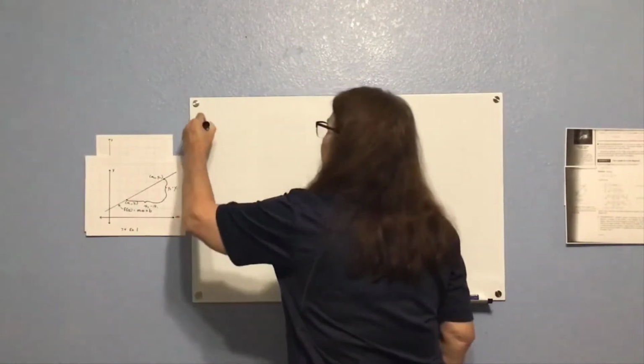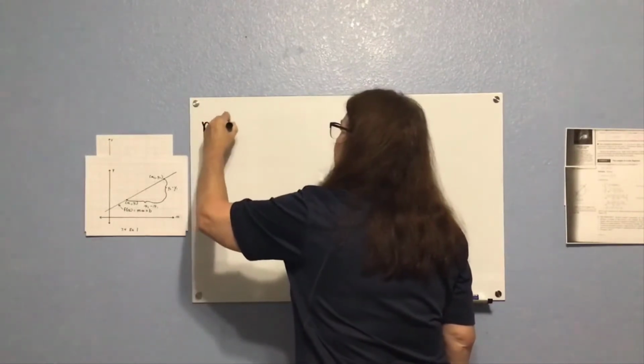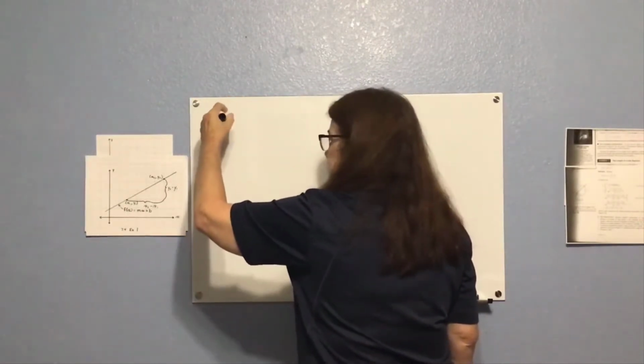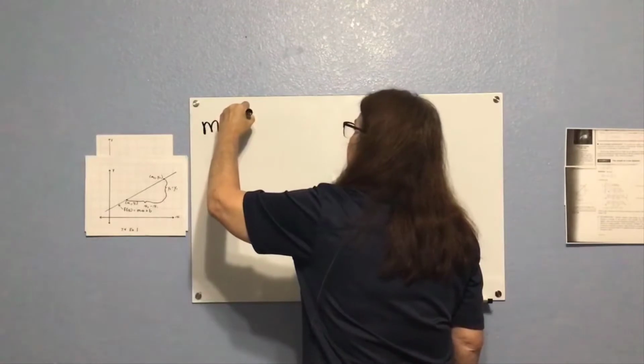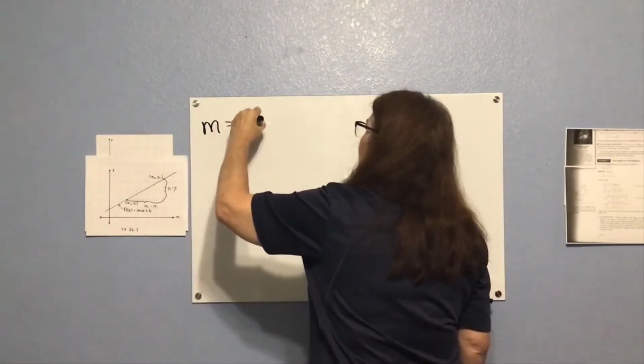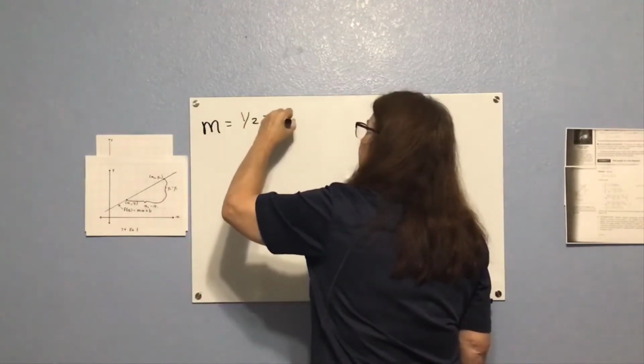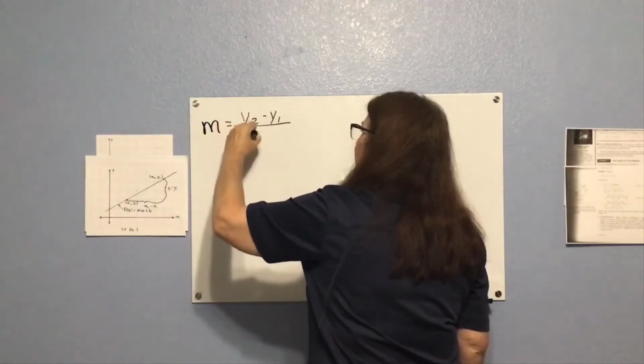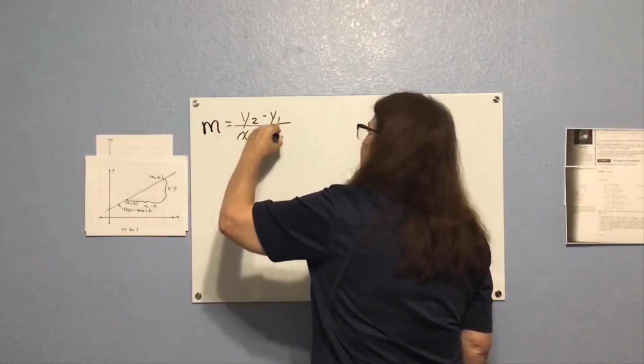And we all know the equation. Slope is equal to y2 minus y1 over x2 minus x1.